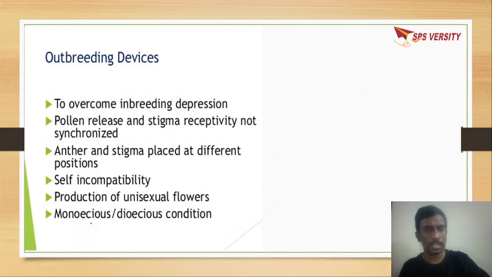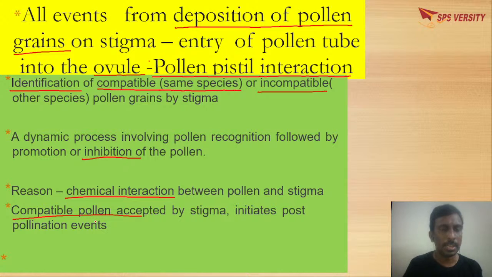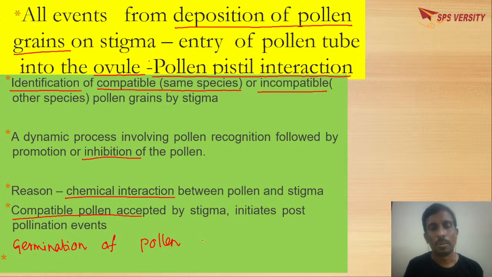So what are the next events? The next event is the germination of the pollen grain. Germination of the pollen grain means the pollen grain will form a pollen tube so that it reaches the ovule.